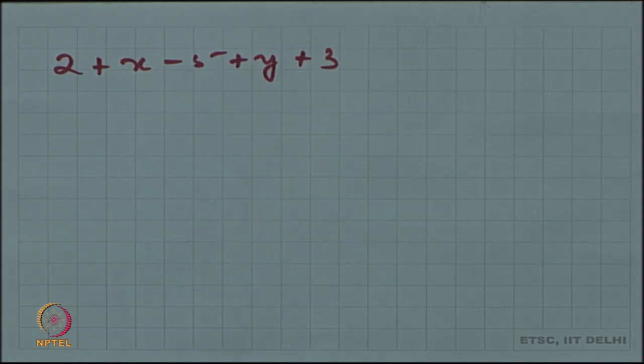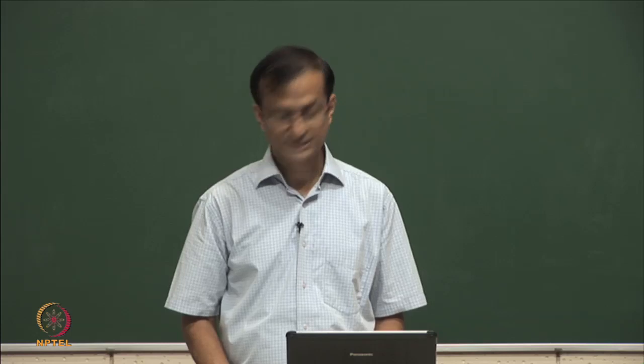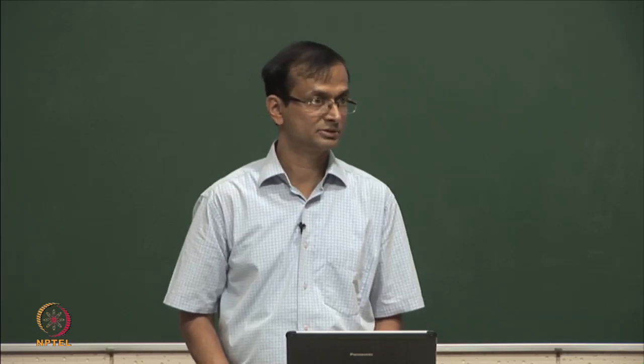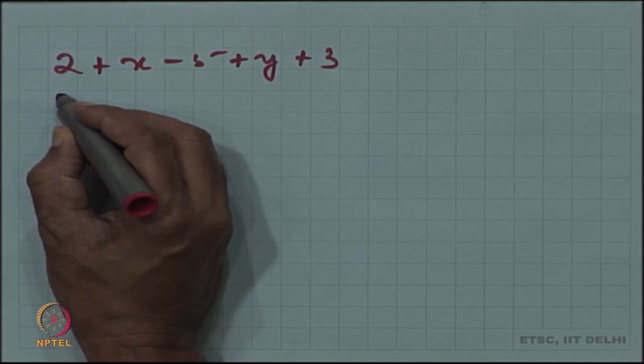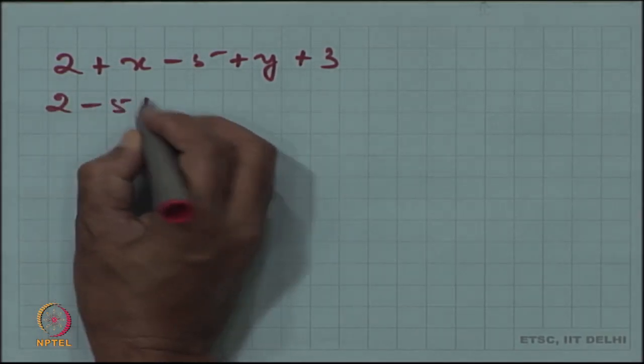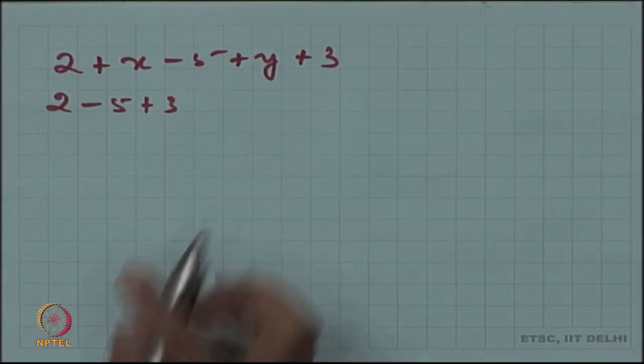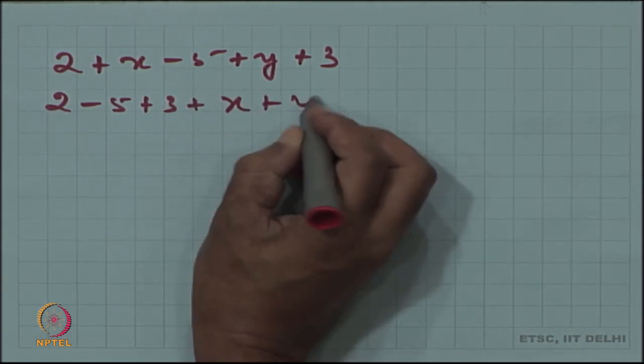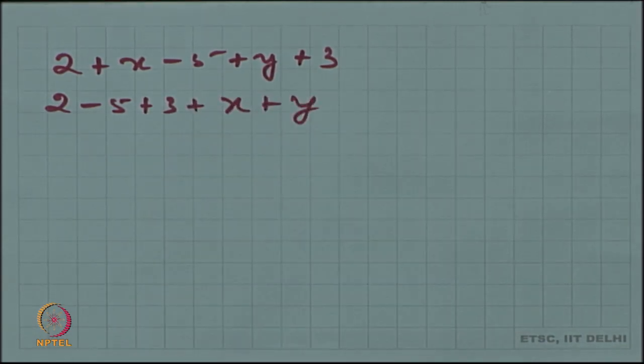In the process you hope that you can discover as many possibilities for constant folding as possible. So, from here you can say 2 minus 5 plus 3, these we try to shift to one side, and the variables you keep to the other side. That might actually help us converge faster with respect to finding the opportunities for constant folding. This is not foolproof. The moment you have subtraction and other kinds of operations, you can't necessarily shift everything to one side, but it is a reasonable heuristic that is often used.